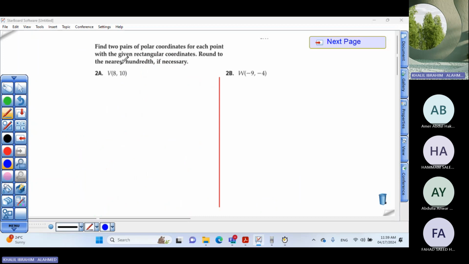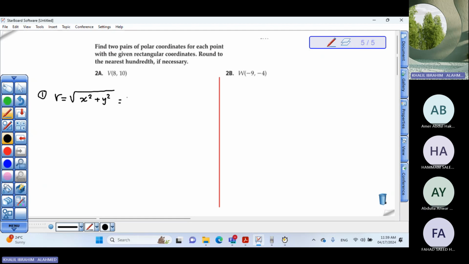Let's move to the next one. As you see, find 2 pairs of polar coordinates for each point, the same way. Step 1, what can we do here? Who can tell me? Step 1, find the R. R equals radical x squared plus y squared.